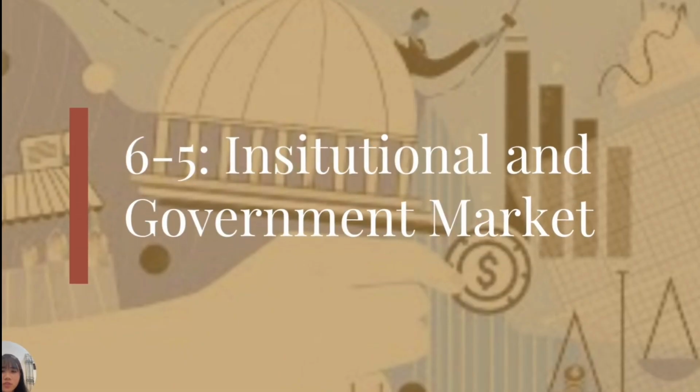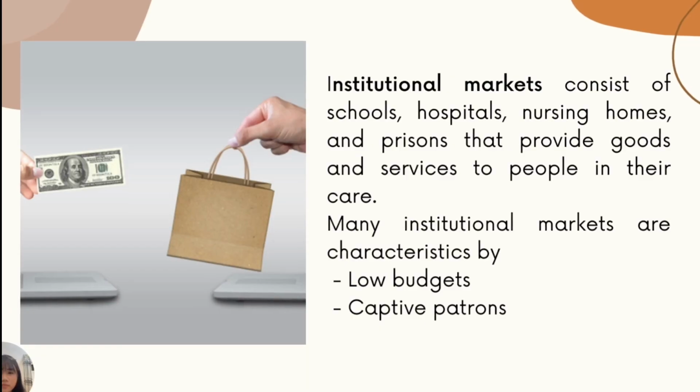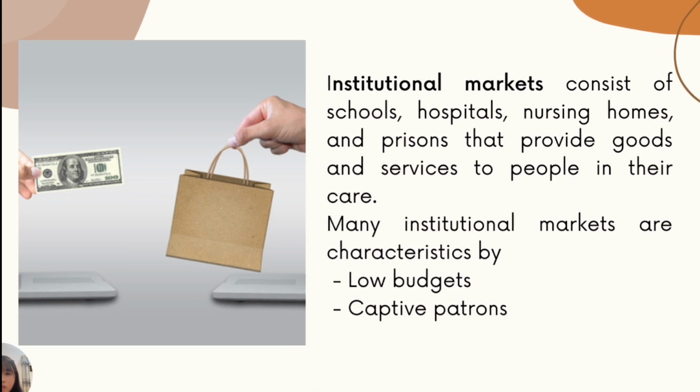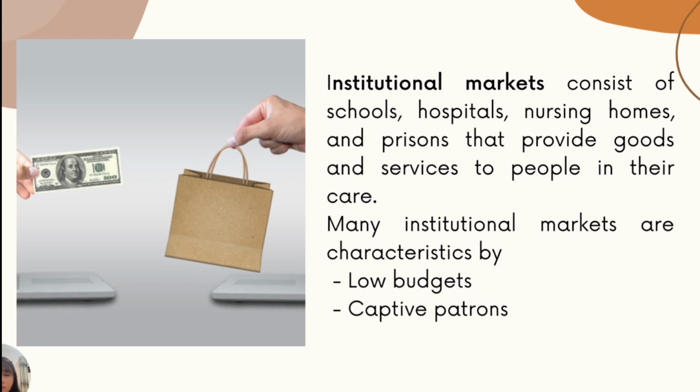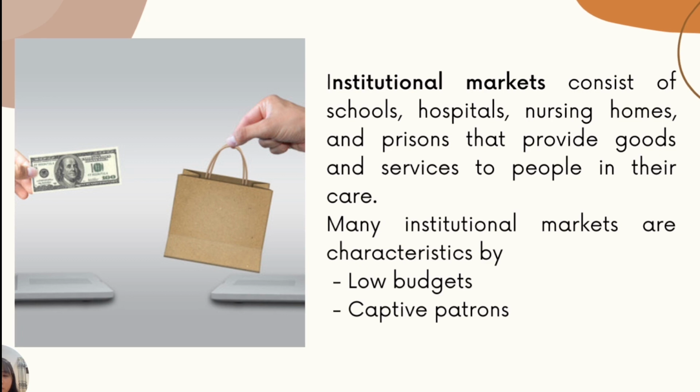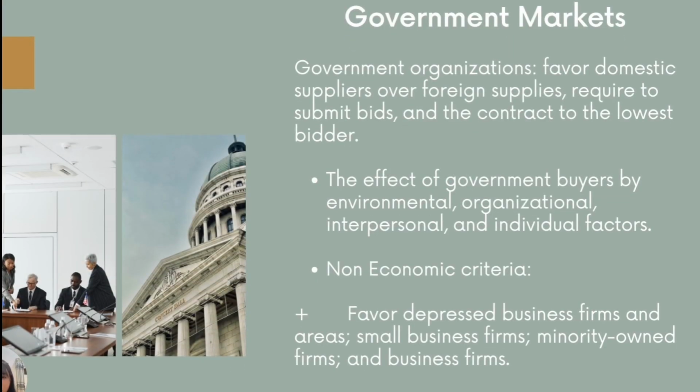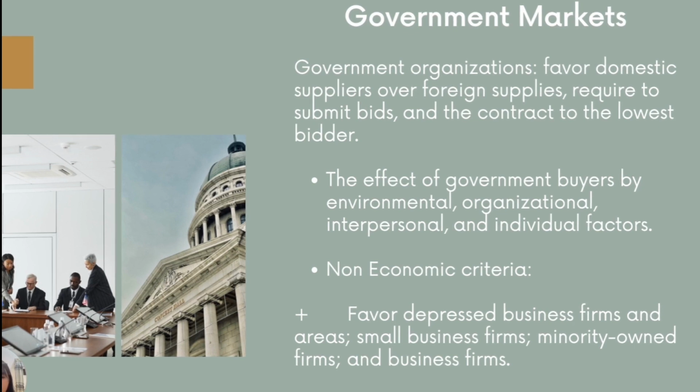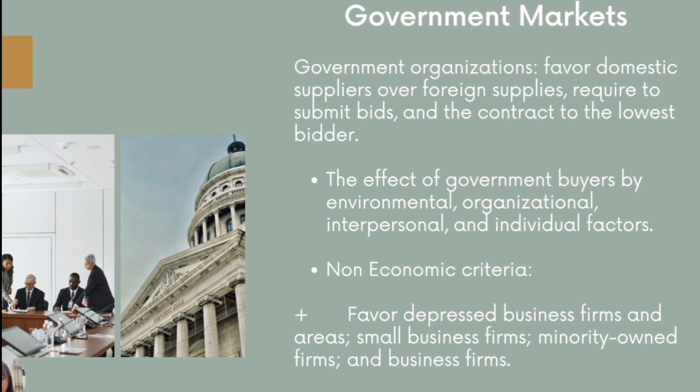Now we are going to show Objective 5, institutional and government markets. Institutional markets consist of schools, hospitals, nursing homes, and prisons that provide goods and services to people in their care. Many institutional markets are characterized by low budgets and captive patrons. The government market offers large opportunities for many companies, both big and small.